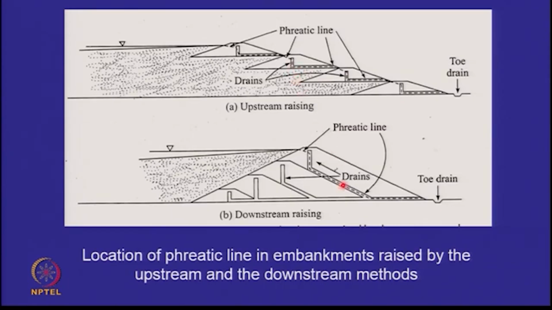Whereas in the downstream side, the failure surface will go like this, and the pore water pressure will not be much of an issue. So in the downstream method, you are able to keep the phreatic line well away from the downstream face, whereas in the upstream method, there is always this issue that seepage water is coming out here, and here. So a downstream method of construction handles the phreatic line better.